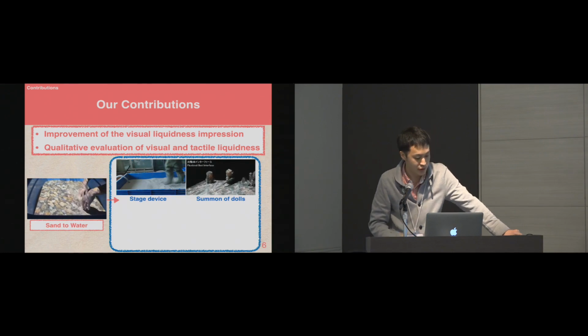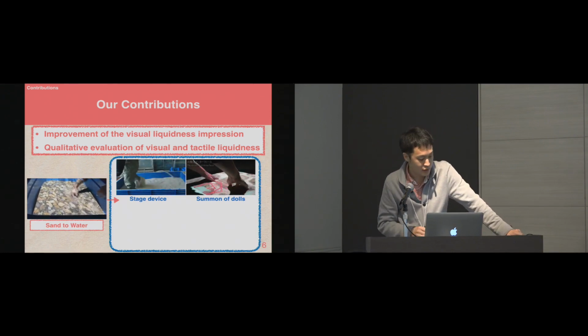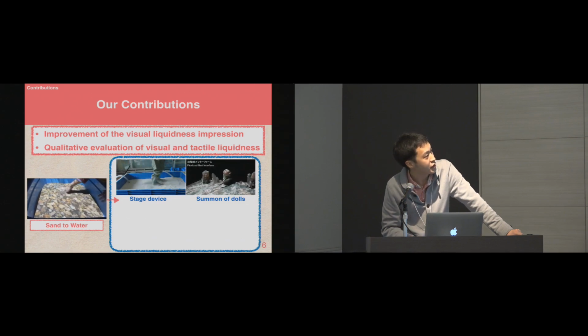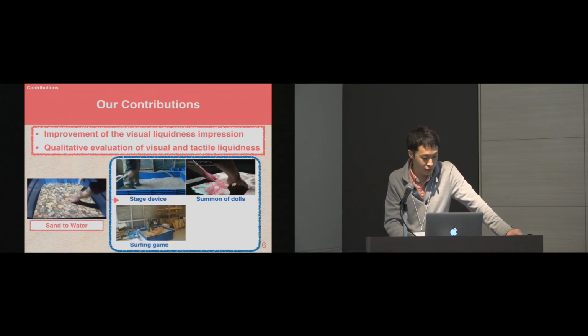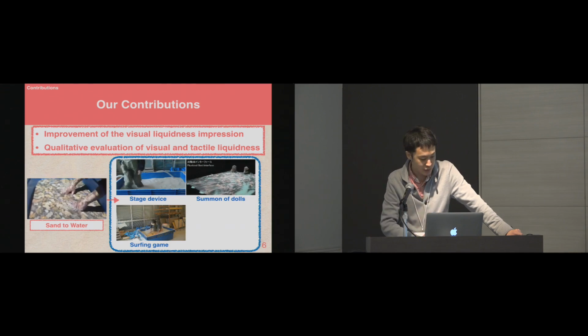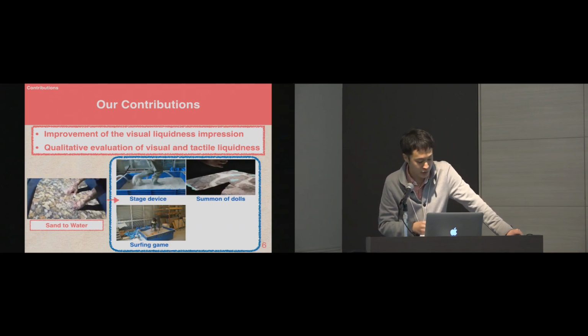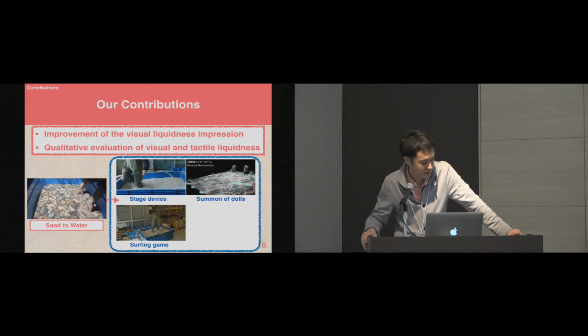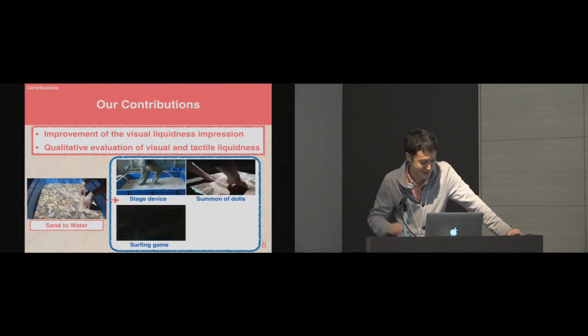If you touch the surface of our system, many doors appear from underground, like this. In addition, the interface can be used in the amusement park as a surfing game. It may be a little dangerous.